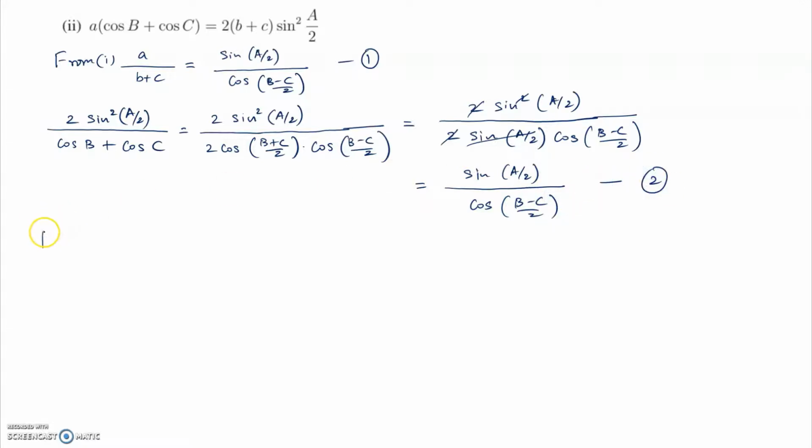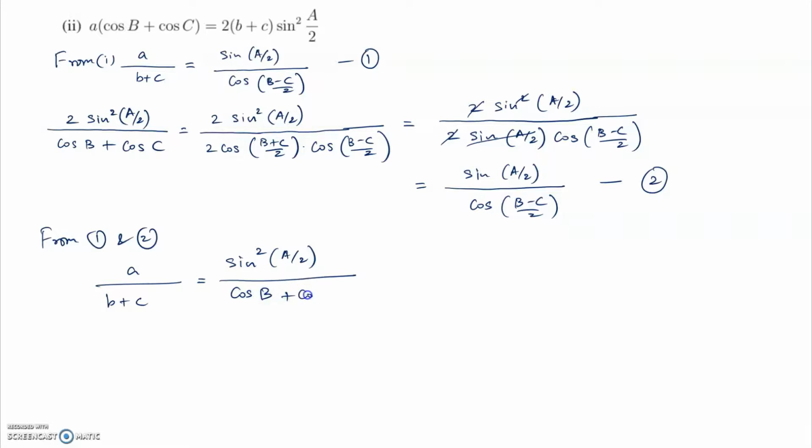So this is 2. We can say from 1 and 2, a by (b plus c) is equal to sine squared A by 2 divided by (cos B plus cos C), which implies a into (cos B plus cos C) is equal to 2 times (b plus c) into sine squared A by 2.